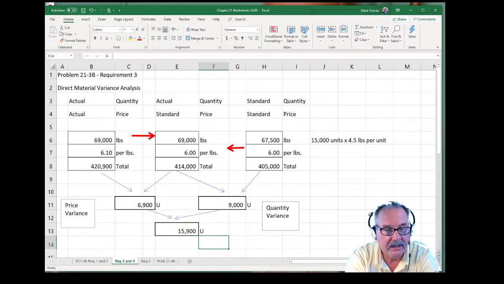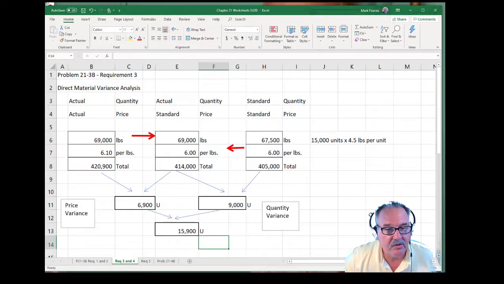We have pulled apart the quantity and price components of this material. Whatever it is, it comes in the pound. And we have an unfavorable variance, meaning that we spent more on direct materials, but not only did we use more than we expected, we paid a little more than we expected. So that's why both of these are unfavorable.